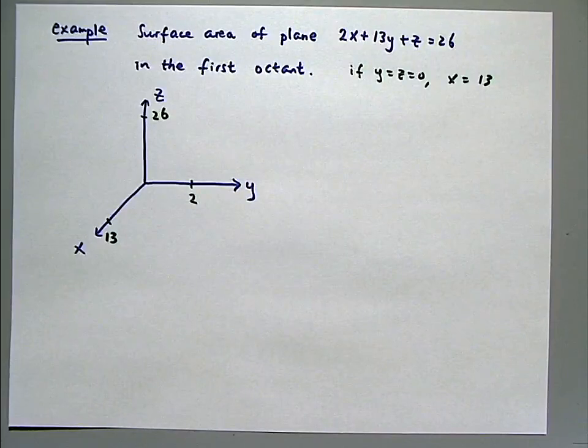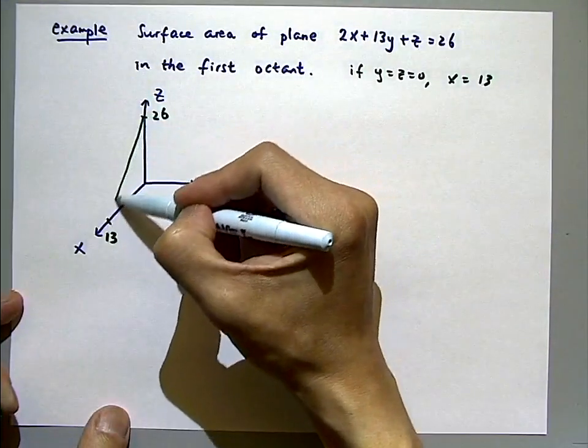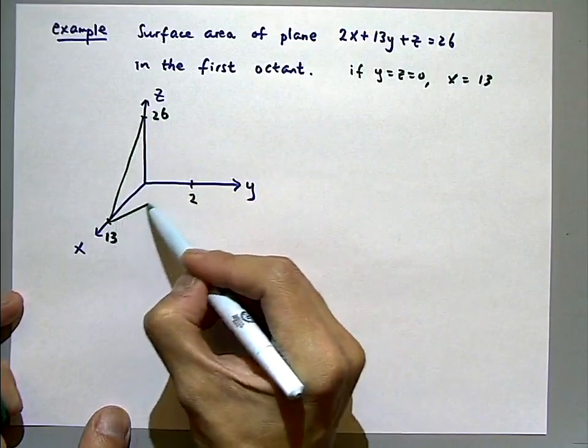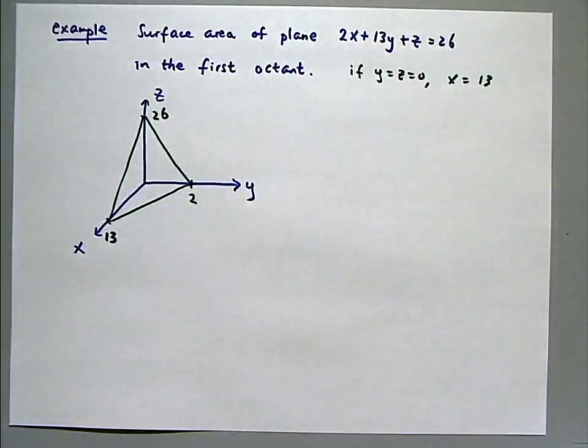So what we get here is a triangular shape. It's a triangle, but it's tilted. So that's the region that we're talking about, the portion of the plane that we're talking about.